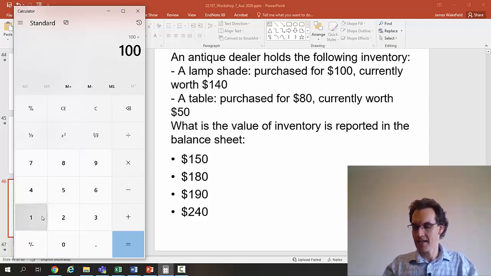So we need to apply the lower, which is the net realizable value. So the value of inventory that this business should report in the balance sheet is $150. You simply select the lower value in each case. For the lampshade, it was the cost. For the table, it was the net realizable value.